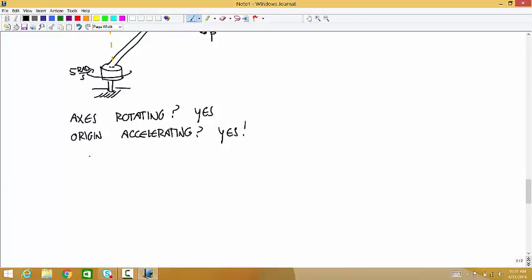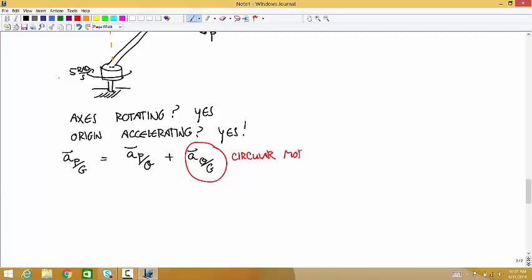Okay, so we're going to have to use relative motion. So the acceleration of P relative to the ground, that's what we want, is equal to the acceleration of P relative to the origin plus the acceleration of the origin relative to the ground. This is a circular motion about that orange axis.